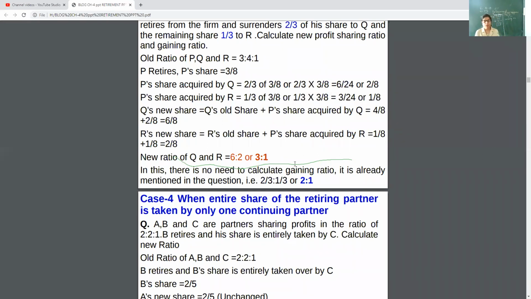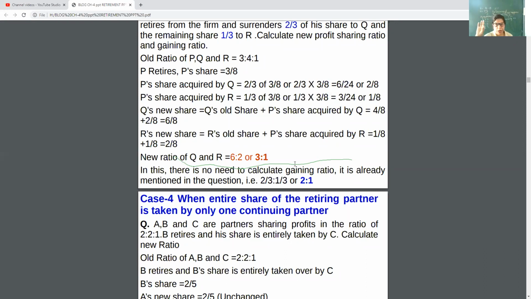See, A, B and C are partners sharing profits in the ratio of 2:1. B retires and his share is entirely taken by C. Calculate the new ratio. It's very easy.